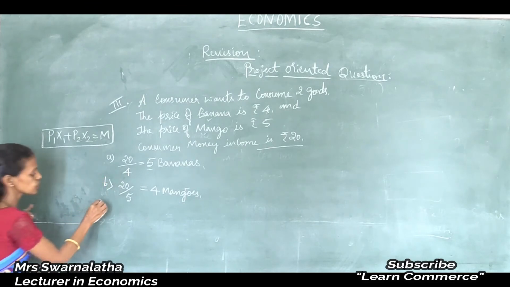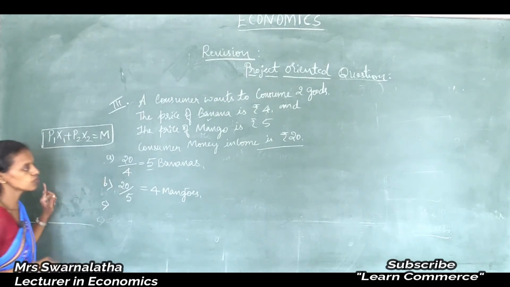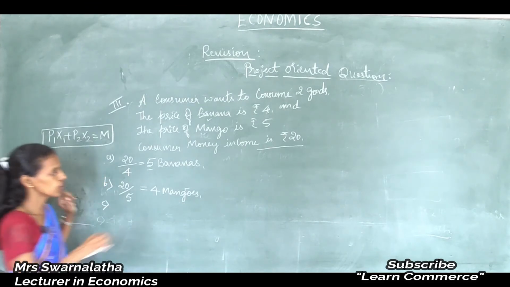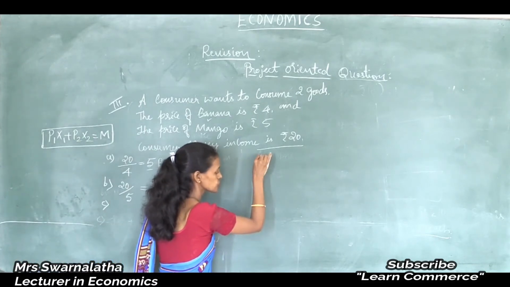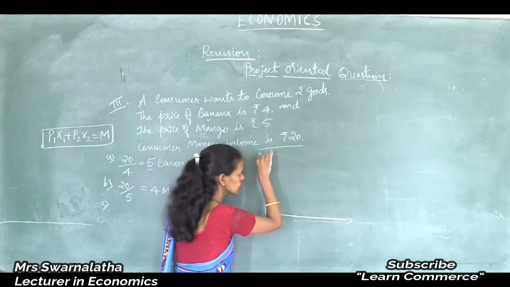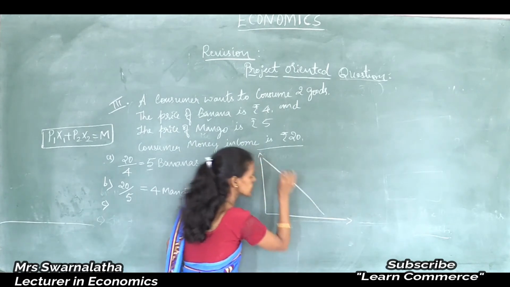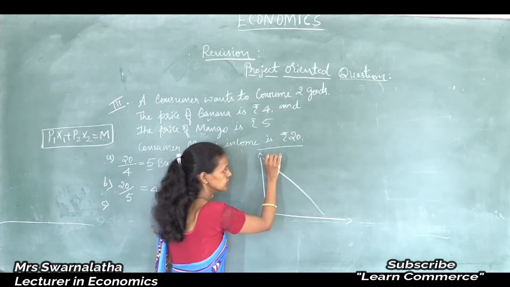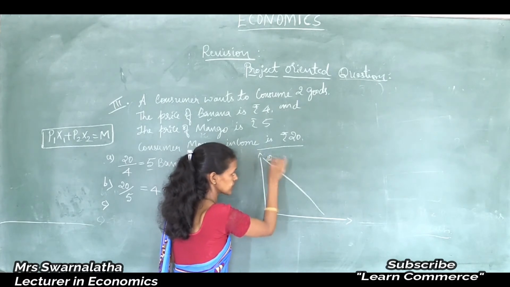Then next question, is the slope of budget line downward or upward? Now you are going to show the budget line through the small diagram. Budget line always slopes downward from left to right. What are the reasons?